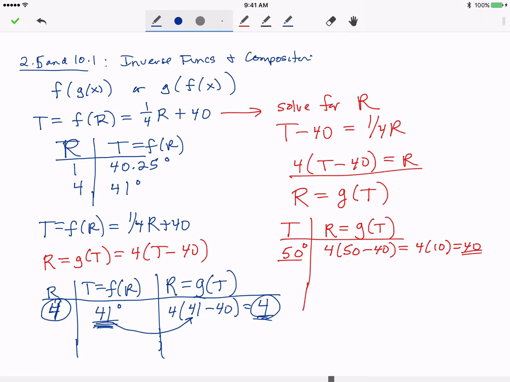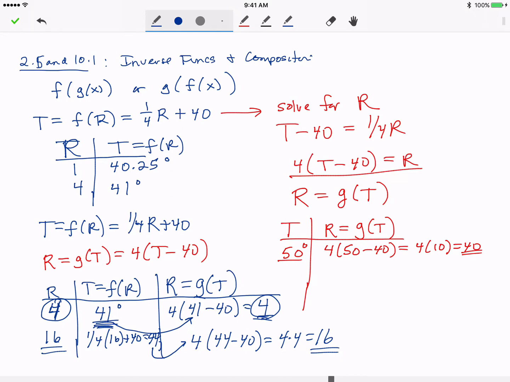So for example, if the chirp rate is 16, the temperature would be 1/4 times 16 plus 40. That would be 44. Take that 44 and plug it into the chirp rate predictor function, which is 4 times (44 minus 40), to get 4 times 4, which is 16. And you get the 16 back again that you started with.